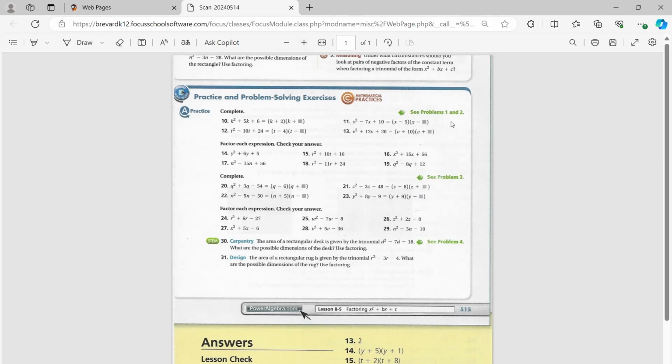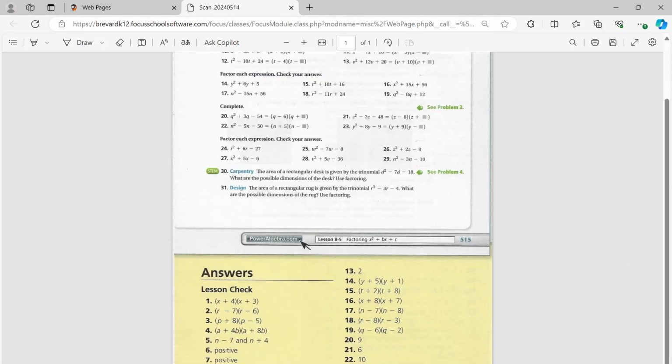If not, then I'll make sure I don't assign anything that you can't see. But as you can see, this book's a little bit easier to work with because you can check all your work as you're working. All the answers are down here at the bottom of the page.